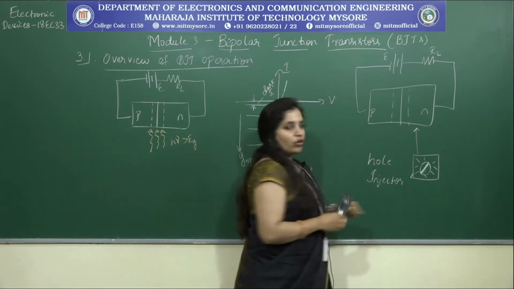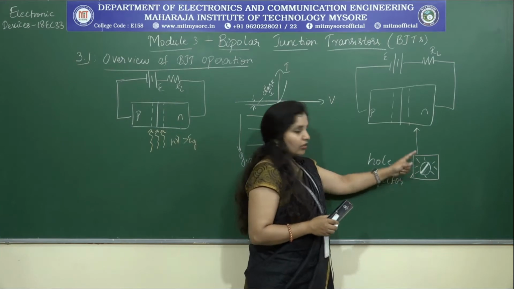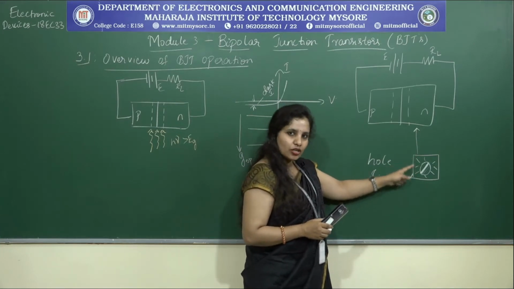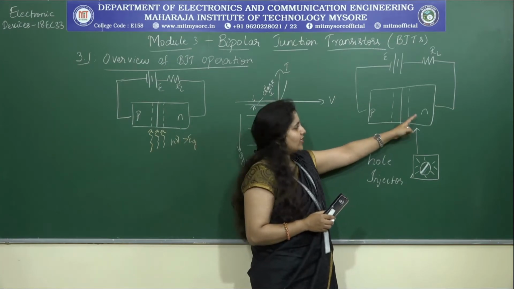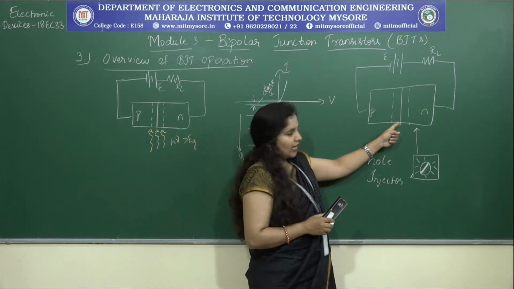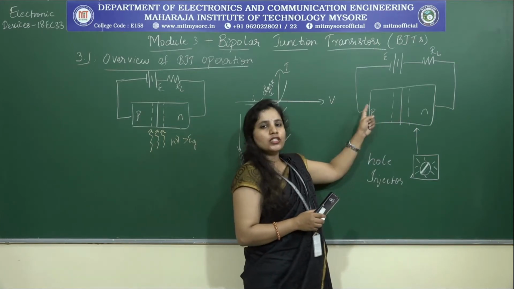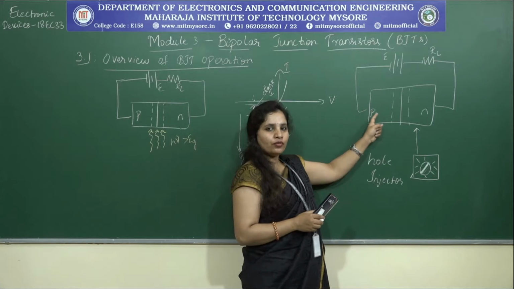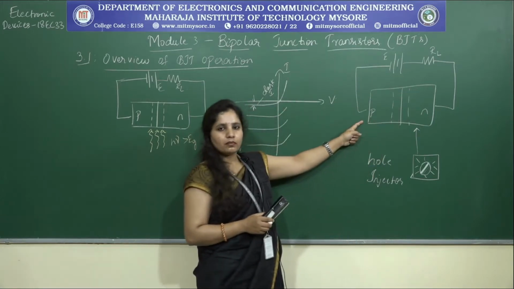Now, what will this hole injector do? It will inject the minority carriers, that is holes, into the n region. Once injected, because of the electric field present, they get swept to the p side, which in turn increases the reverse current flowing in the circuit.